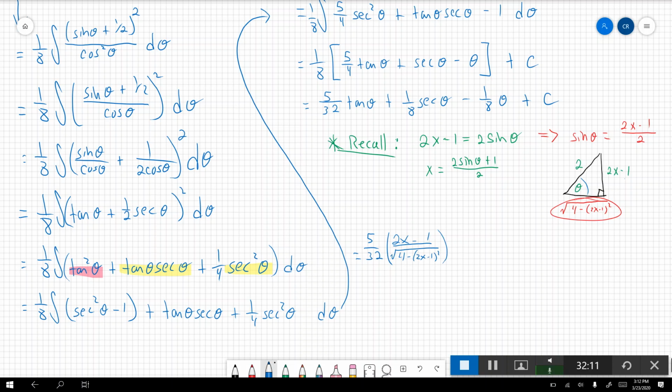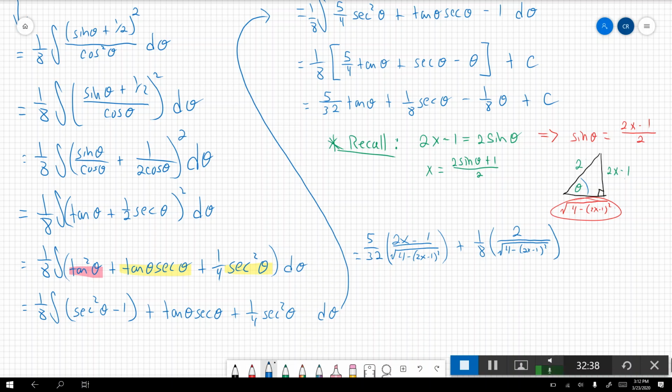That's tangent. Plus 1/8 multiplied by secant of theta. Secant of theta is just the reciprocal of cosine. Cosine is adjacent over hypotenuse, so let's take the reciprocal of that. That's going to be 2 divided by the square root of 4 minus (2x minus 1) squared.